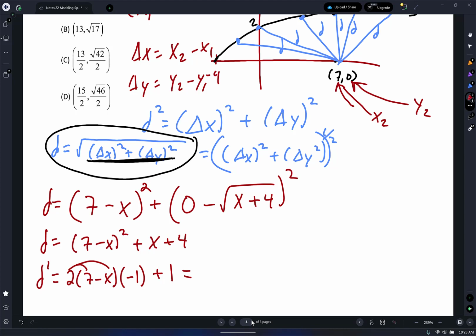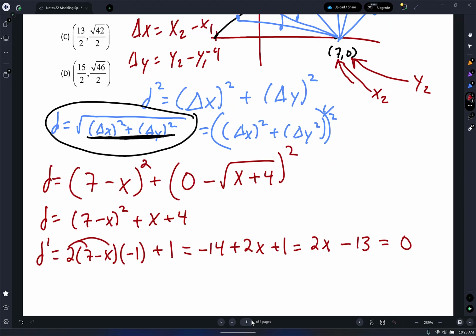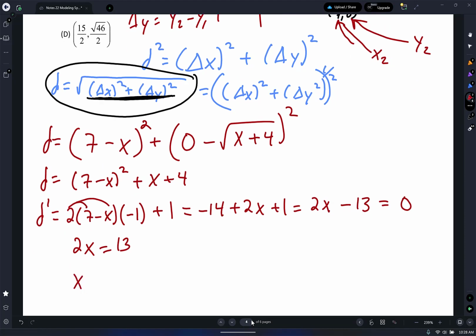So negative 14 plus 2x, plus 1, so we got 2x minus 13. Are we all right? Okay. I'm going to equal this to 0. So then I have 2x equals 13. So x equals 13 over 2.